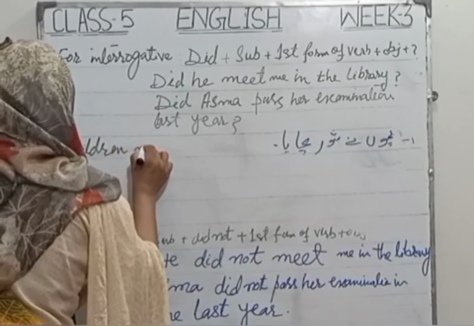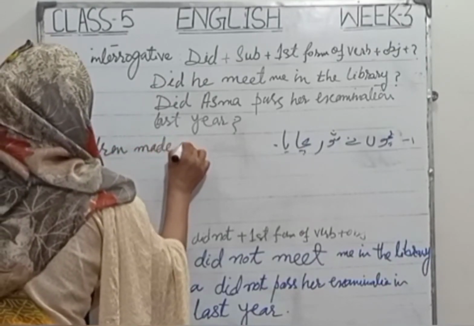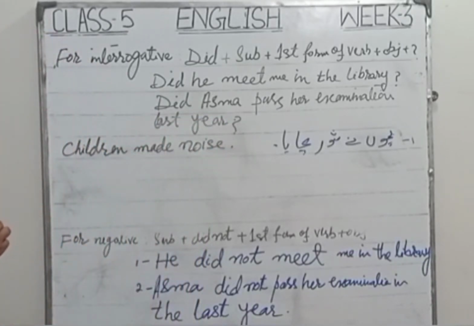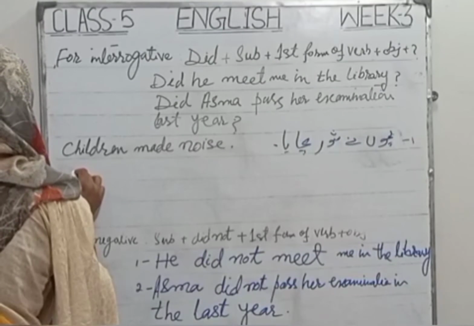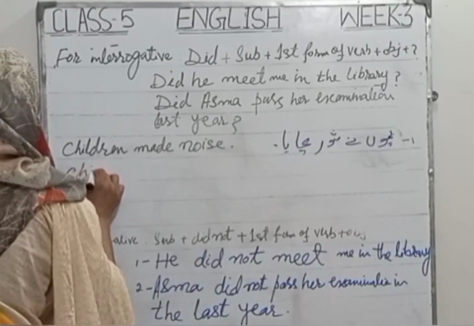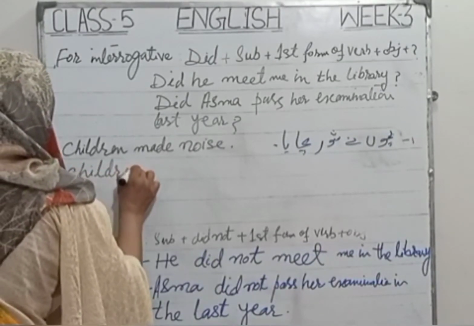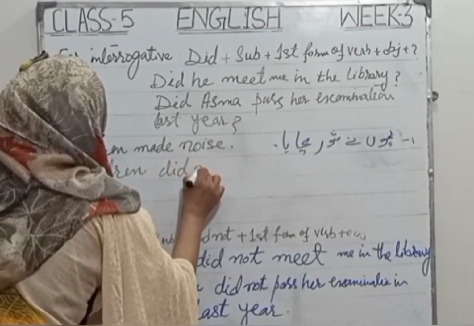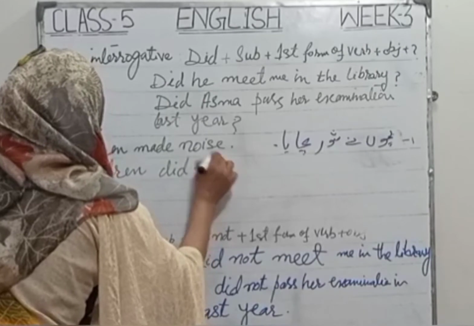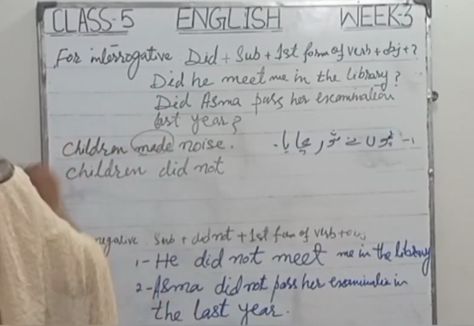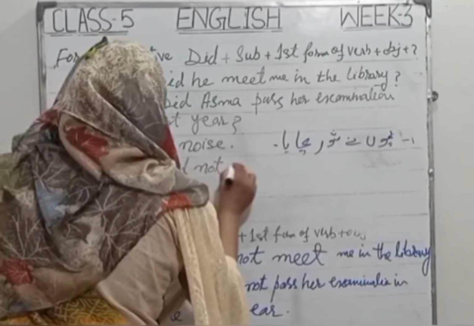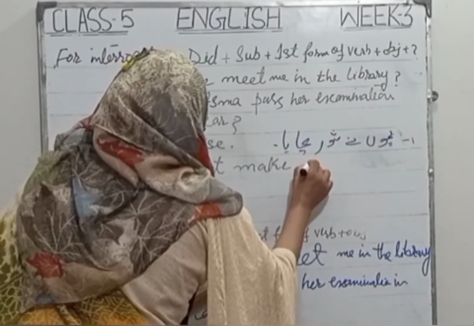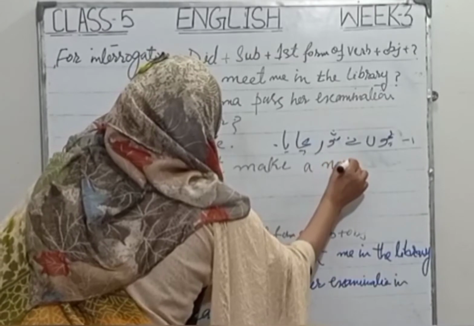Children made noise. And for negative, children did not. This made will change into the first form of verb. Children did not make a noise.